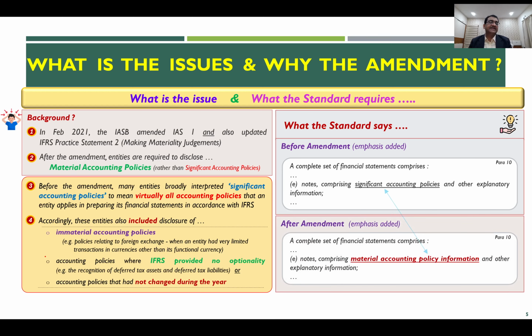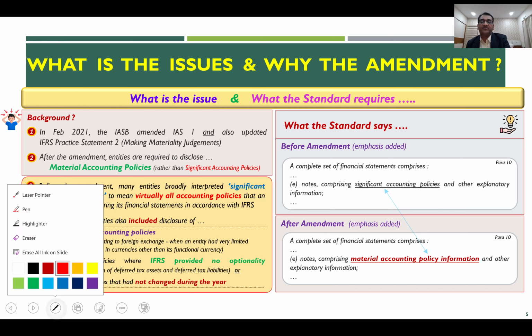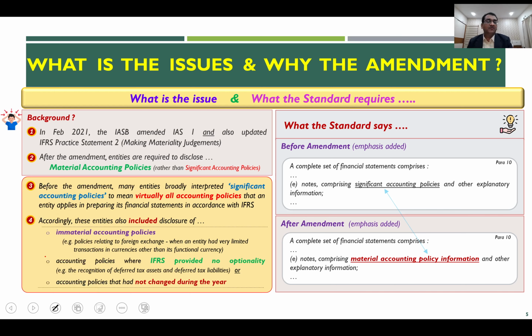Post-amendment, as I said, this requirement has changed. In lieu of significant accounting policies, the new term brought in paragraph 10 of the amended IAS 1, and the parallel standard in India, Ind AS 1, is material accounting policy information.